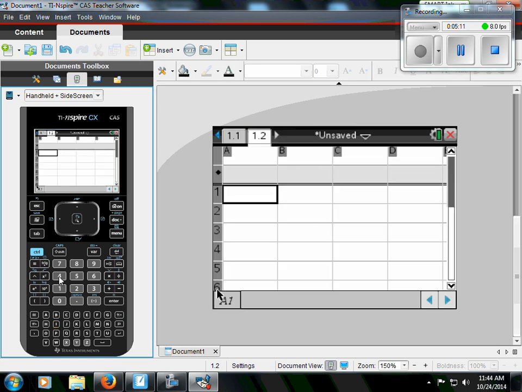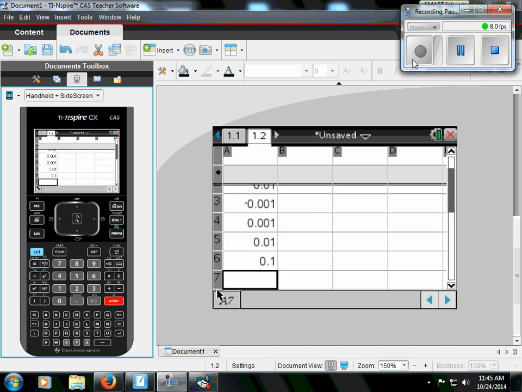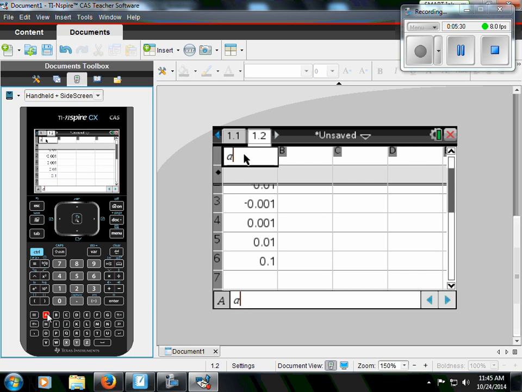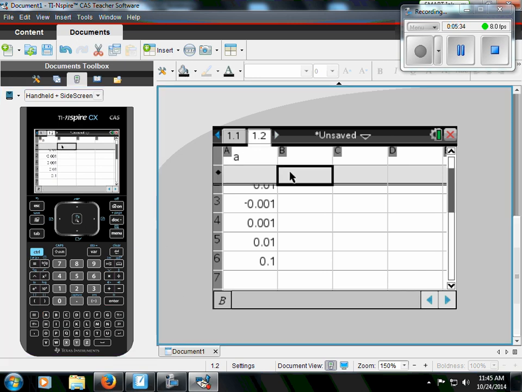In my first column, I'm going to type in the numbers that I plugged into my table. Then I'm going to name these x values, let's just name them A. Over here in the second column, I'm going to have the calculator plug all of these into my function.